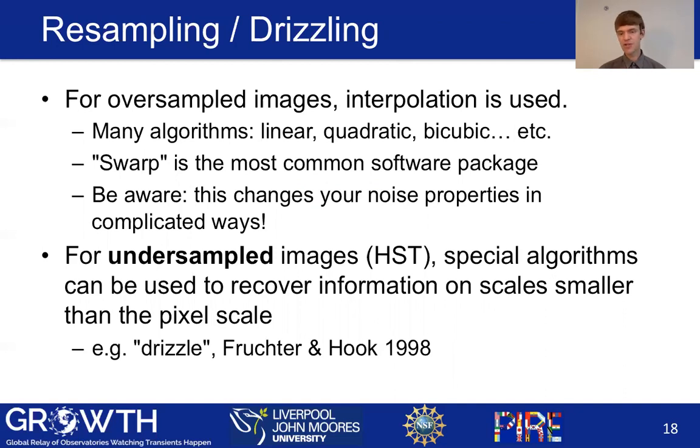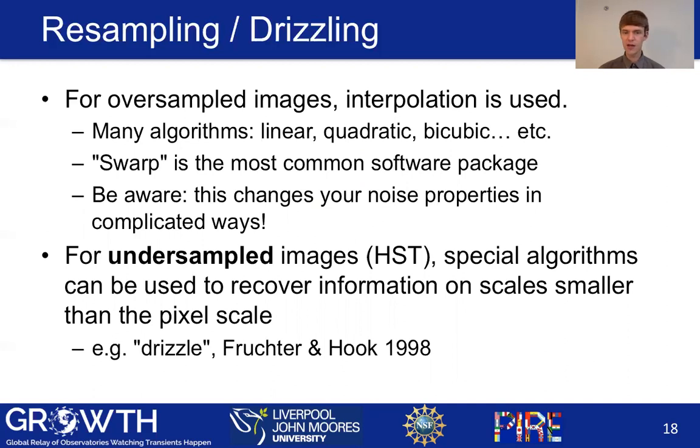This is fine for images that are well sampled across the PSF, such that an astronomical source is actually being smeared across many different pixels. However, if you're dealing with an observation where things are undersampled, such as images from HST or images with very, very good seeing from the ground, this may not quite be simple enough. This oversimplified method may not be adequate for your data, and special algorithms may be needed to recover information on these scales, rather than simple interpolation.